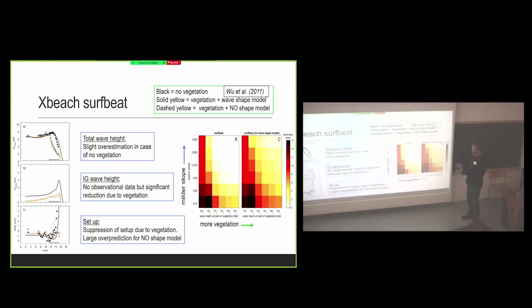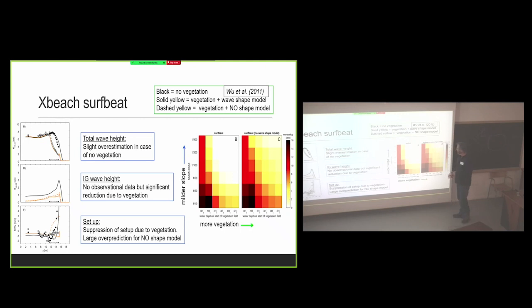So this is just to summarize, because this is one single computation, but with this model, of course, we can look at different heights of the vegetation, where it starts. This is actually the water depth at the start of the vegetation, so basically if you started earlier, and this is the slope.